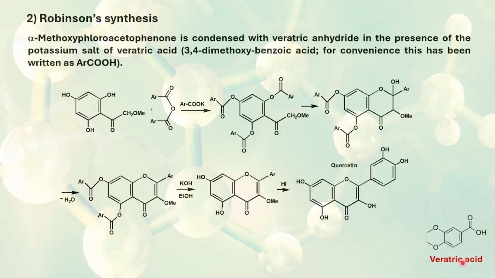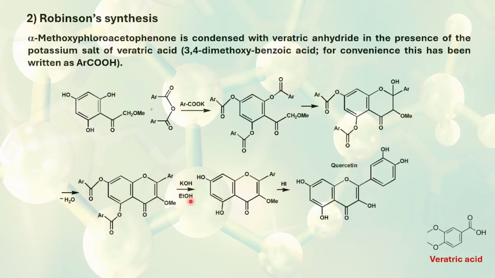Here is the structure of veratric acid, and this one is veratric anhydride and the salt of veratric acid, the potassium salt. This compound, treated with the veratric anhydride, forms this intermediate after the cyclization, and with the removal of a water molecule we get unsaturation at the position 2 and 3.